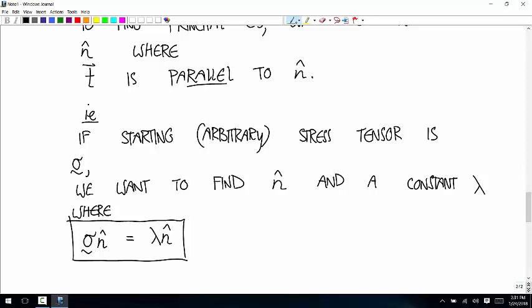It can be positive or negative. But if you have a vector times any number, that's going to give you back a vector that's parallel to the original vector. So this is saying that the traction vector on the face associated with n is parallel to n.